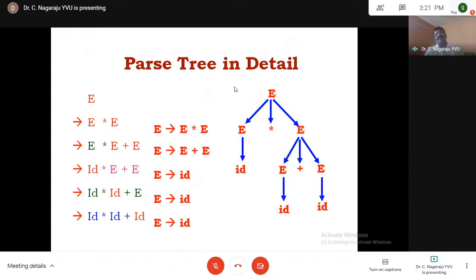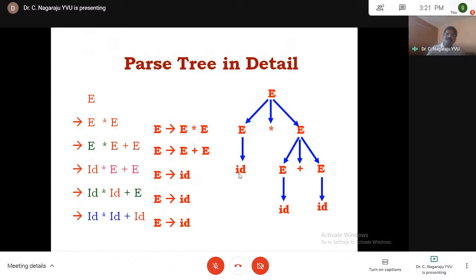For example, if you take ID star ID plus ID, or if you take ID plus ID star ID in the reverse case, the first one we can choose as the starting node is E plus E.